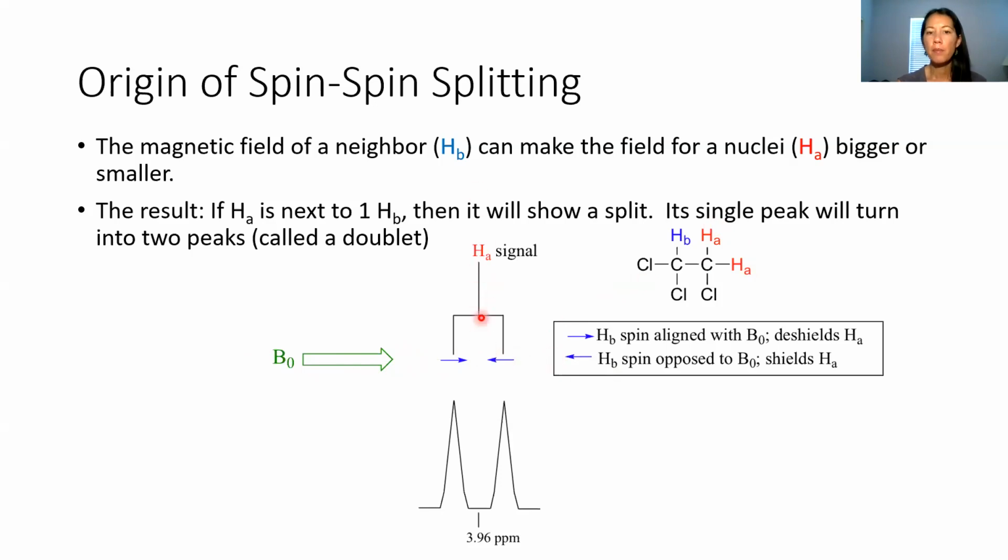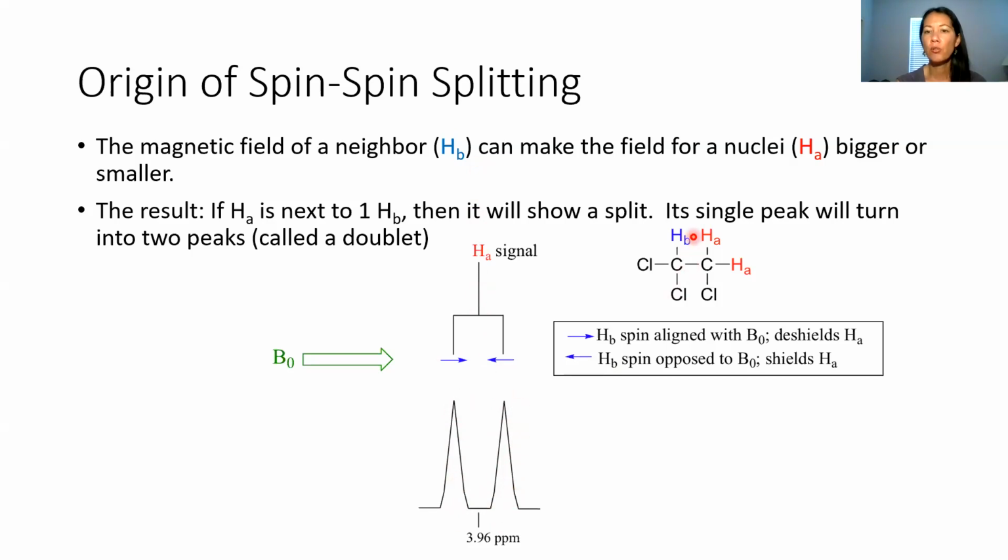If I am normally just HA, a singlet with a signal here, if the spin is aligned with the magnetic field, it'll de-shield A and give the peak a little further downfield. If the spin is opposed to it, it'll give a peak further upfield. So instead of a single line, because this neighbor contributes this magnetic field, it'll shift it so that you get one peak split in half and you get 2 peaks total.